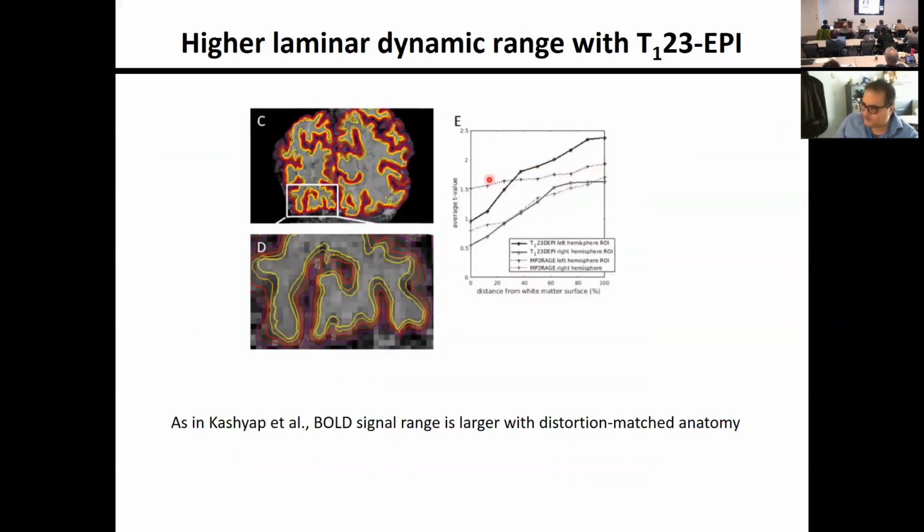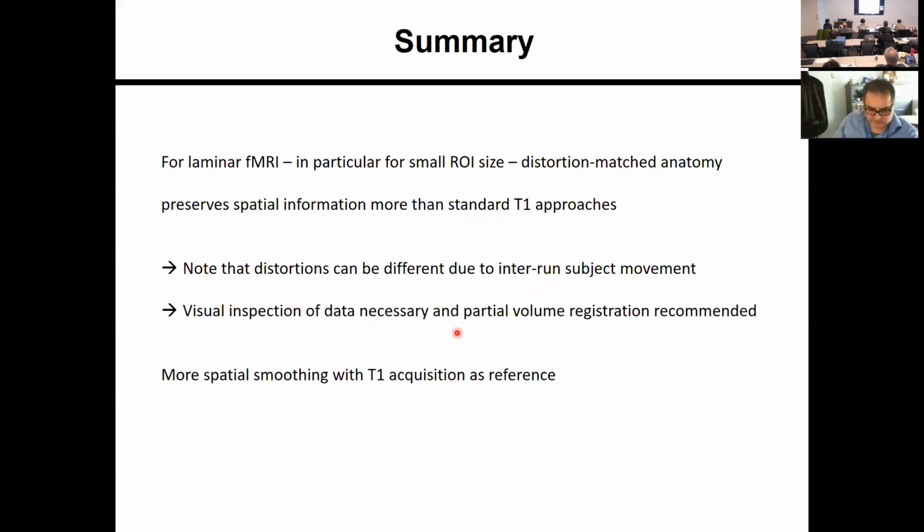With MP2RAGE, the slope of the increase towards CSF is lower than if you use the distortion matched anatomy because of the inherent smoothing operation in the MP2RAGE approach. So it makes sense. To summarize this part, for laminar fMRI, in particular for small ROI sizes, distortion matched anatomy preserves spatial information more than standard T1 approaches.